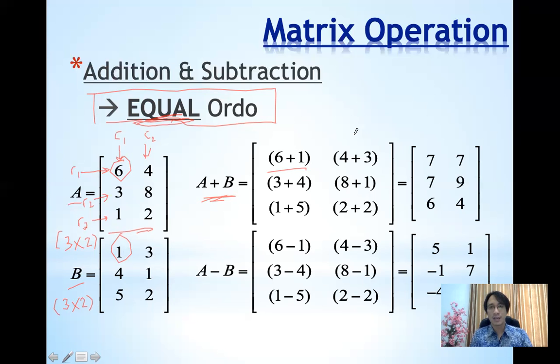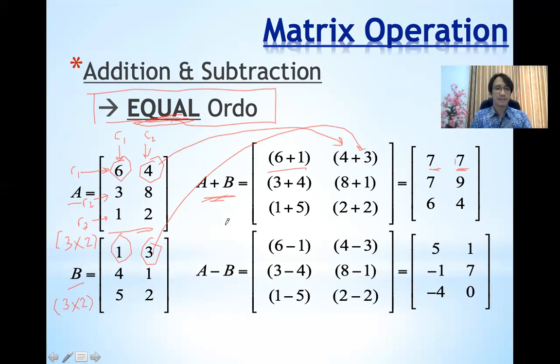For row number 2 and column number 2, we have 4 and 3. So we just simply calculate 4 plus 3 here. 6 plus 1 is 7. 4 plus 3 is 7. The same thing happens.